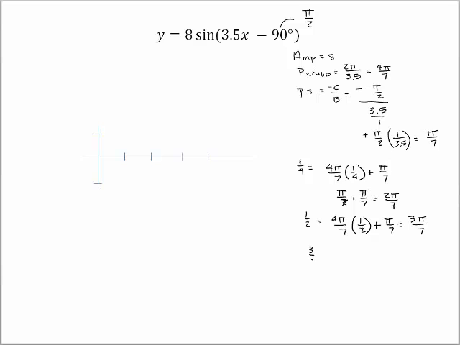Let's keep going. Our 3/4 point equals the period 4 pi over 7 times 3/4 plus the phase shift. We'll have 3 pi over 7 plus pi over 7 gives us 4 pi over 7.